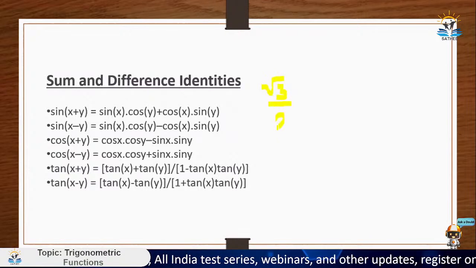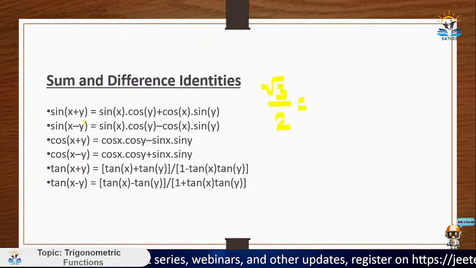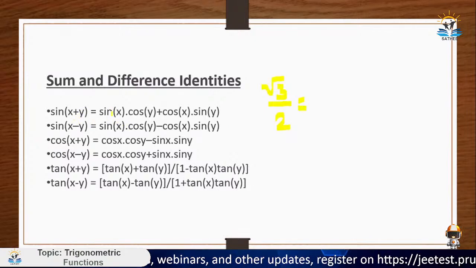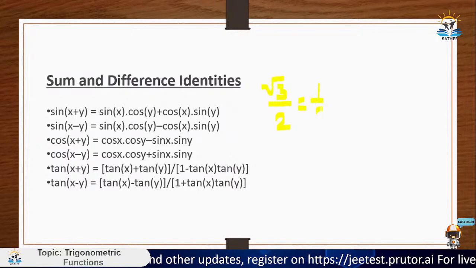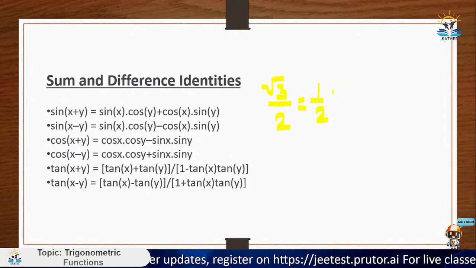So we have to check the other side also. Here we have taken x and y equal to 30 and 30. So sin 30 is half, cos 30 is root 3 by 2.